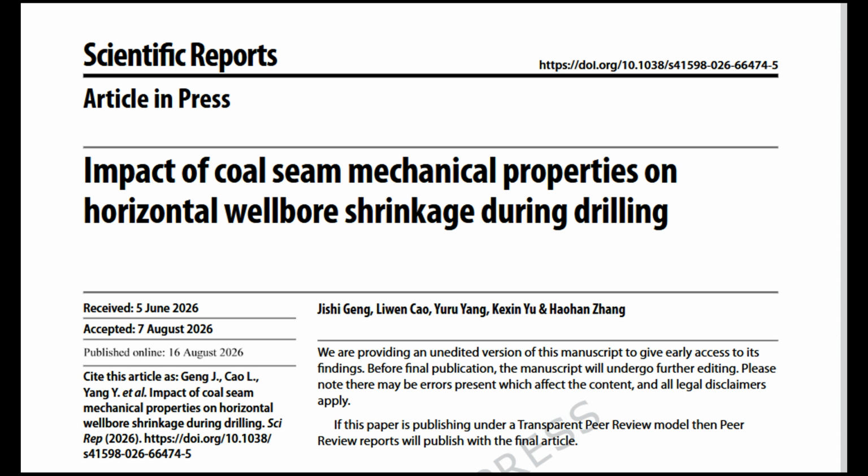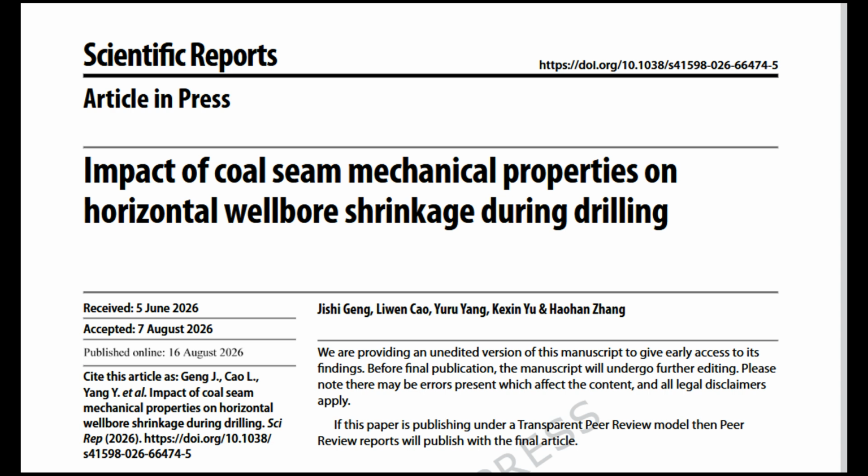Equation 18 combines the plastic zone radius formula, EQ8, with the compatibility relation, EQ17, to express the current plastic zone radius in terms of the initial radius and the current wellbore radius. This is a key step because it eliminates the unknown plastic zone radius from the final shrinkage formula.